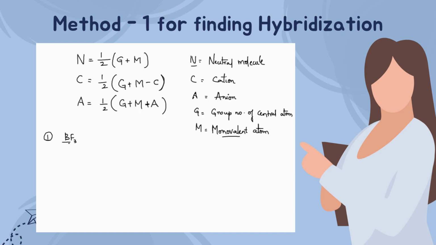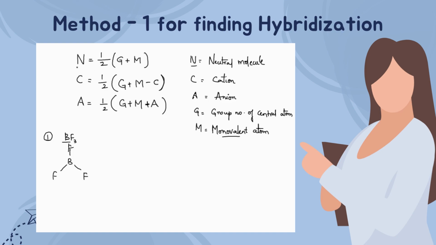How can you identify a central atom? The central atom is usually an element that has greater valency compared to the other. Boron can bond with 3 atoms at a time, but fluorine can bond only with one atom at a time. So our central atom is boron instead of fluorine.